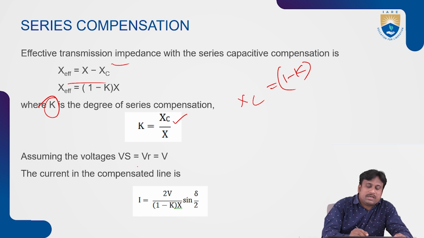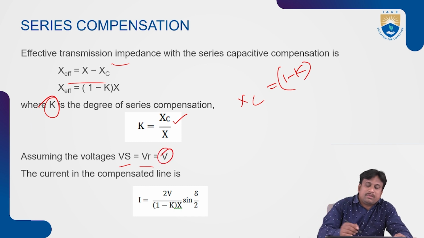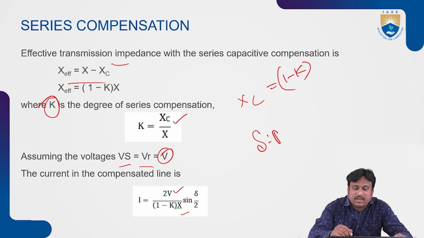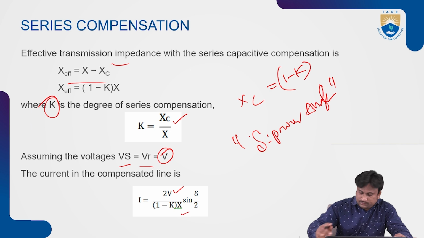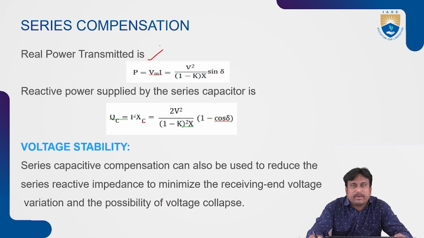Assuming that the voltages at the sending end and receiving end are equal to the nominal voltage V, the current in the compensated line becomes 2V by 1 minus k into x sin delta by 2, where delta is the power angle derived under normal conditions. Here the real power transmitted becomes P equals V square by 1 minus k into x sin delta.